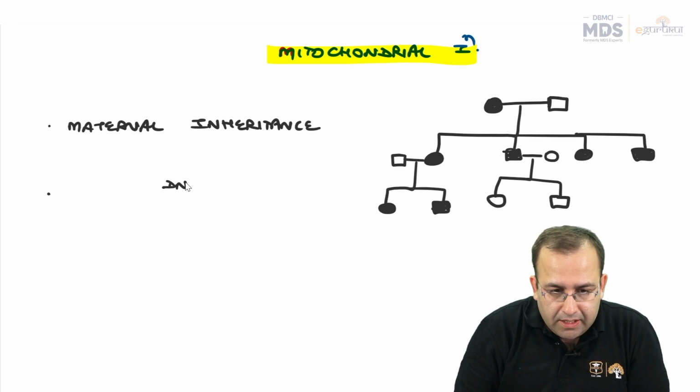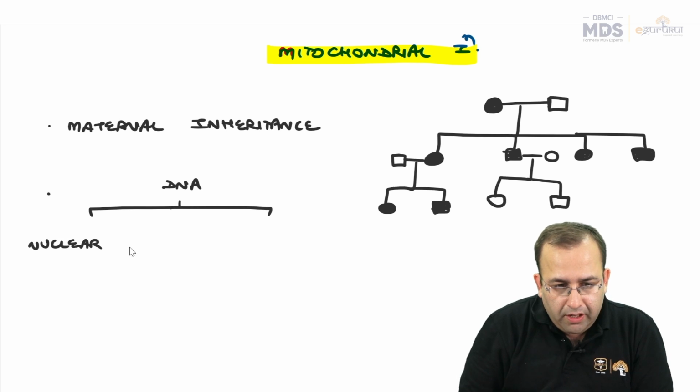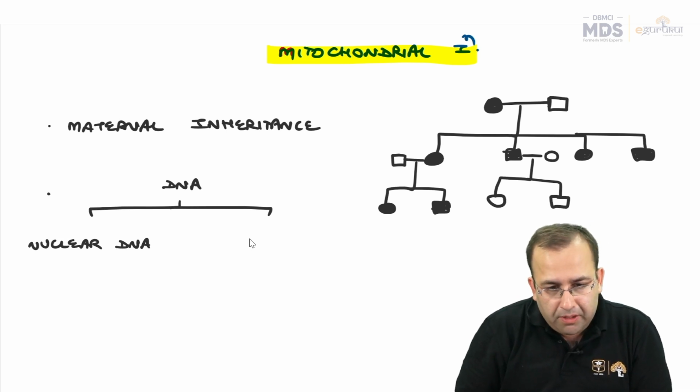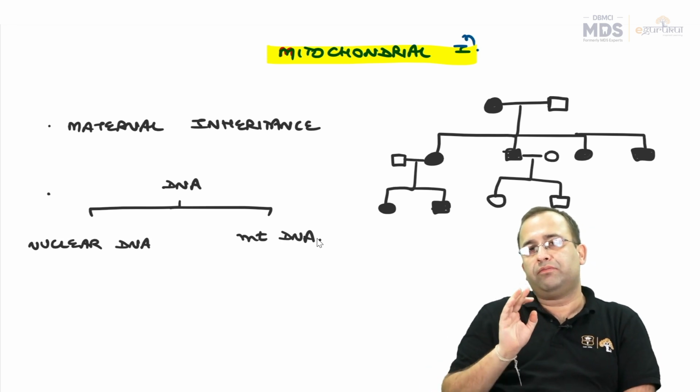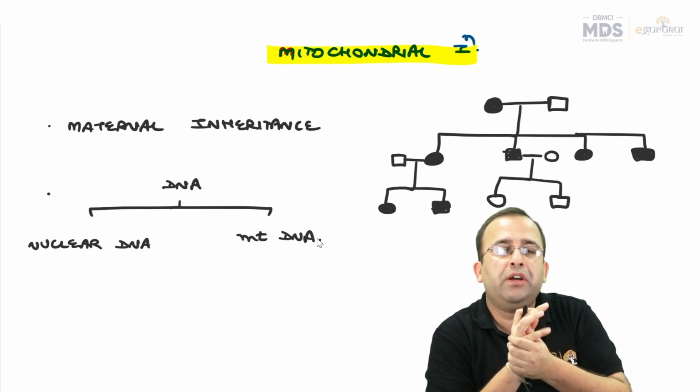So I can safely say DNA is of two types, that is nuclear and mitochondrial DNA. Which has higher risk of mutations? Nuclear DNA or mitochondrial DNA?